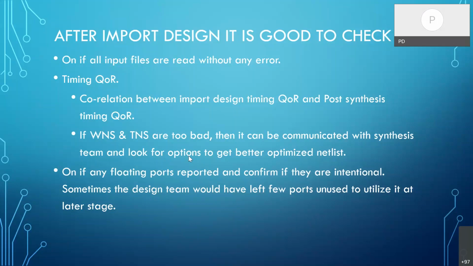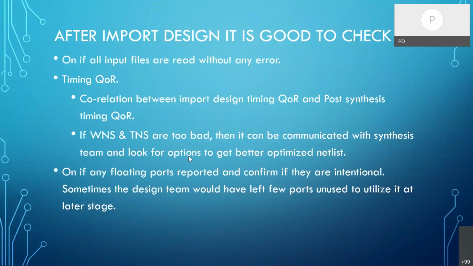And the timing quality of results report. Once the synthesis is completed, the synthesis tool itself, by synthesis I mean the RTL to scan chain work the team is doing, will also dump a timing report. Once that is provided as input, a timing report will be generated at our layout PNR tool also.